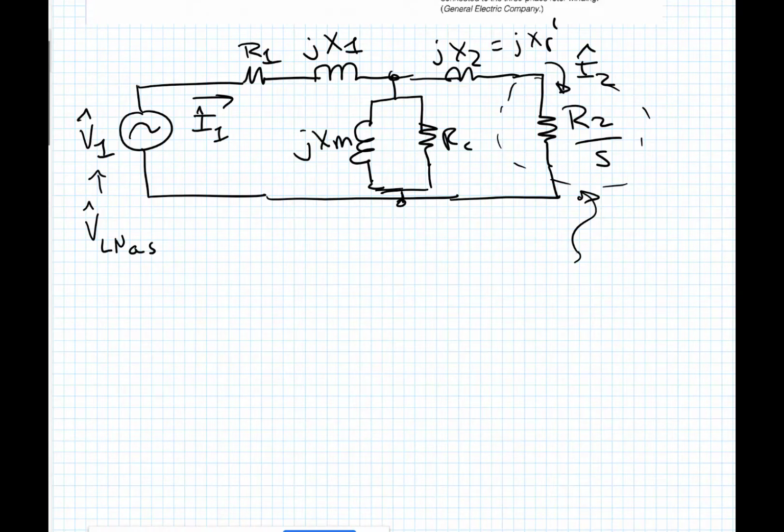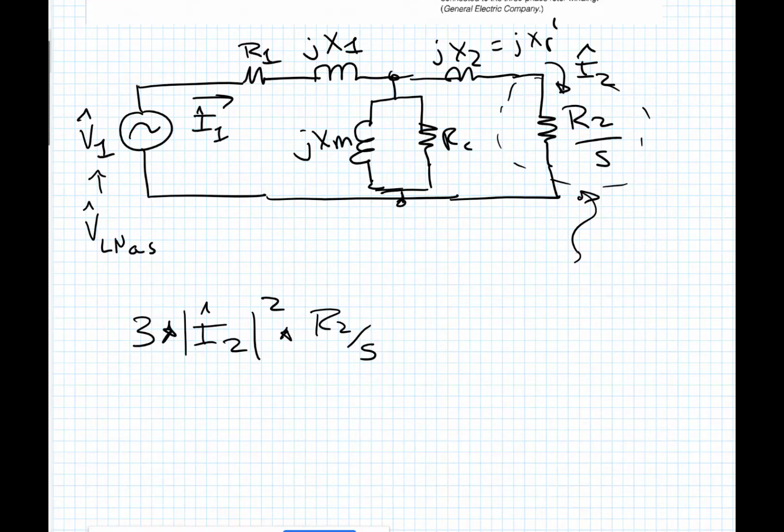There's a power associated with the current through that, right? So you could just take the magnitude of the phasor current, whatever that is, times R2 over S times 3.